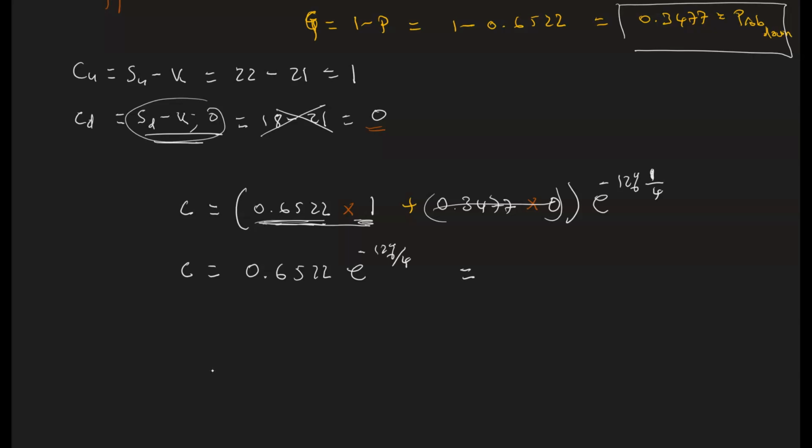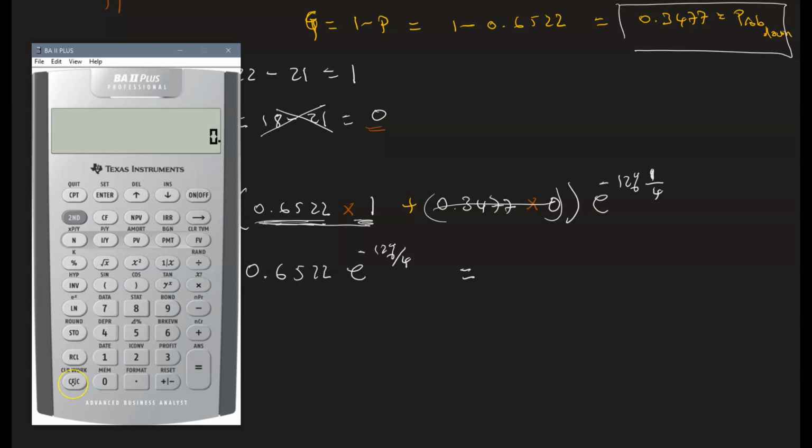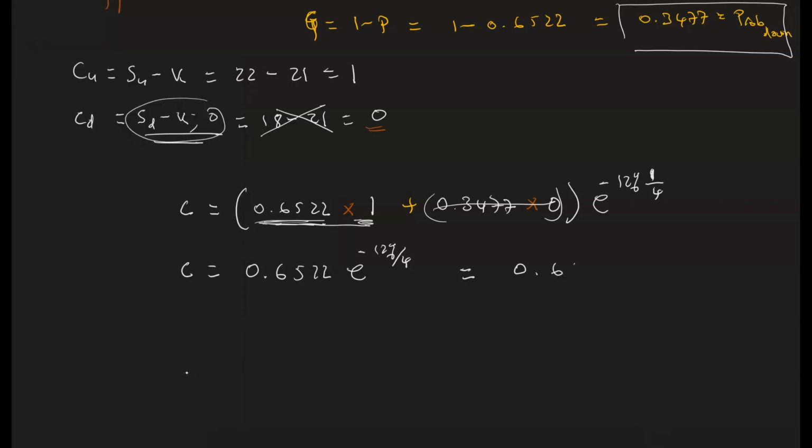That is 0.12 divided by 4 equal minus, second function exponential. That gives us that, and we're going to multiply that by 0.6522 equal. What we're going to have is 0.6329 or 0.633. So our call option value is going to be equal to 0.633.